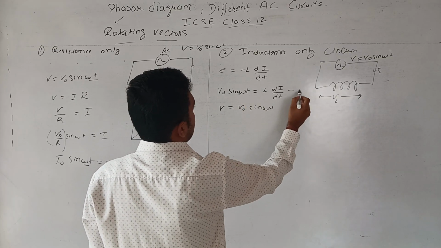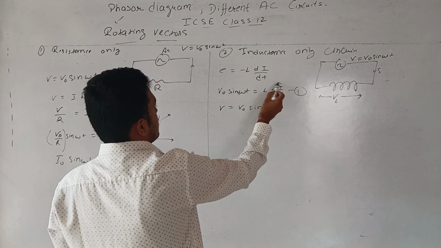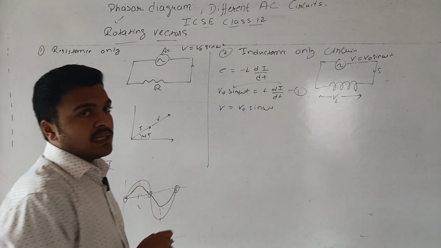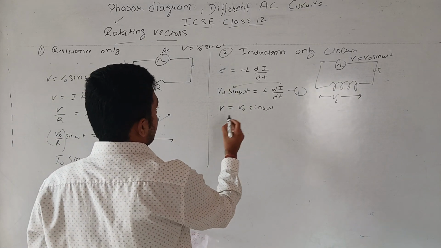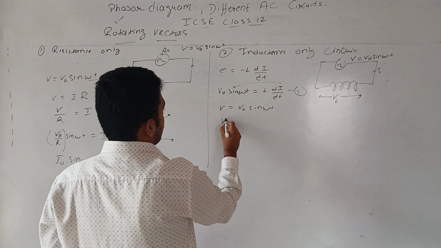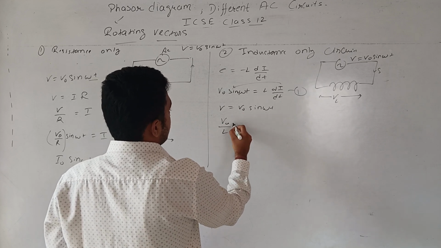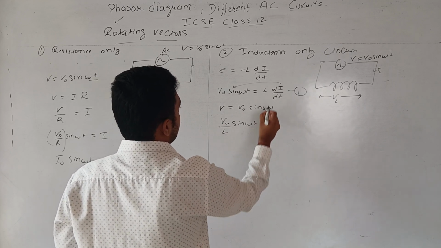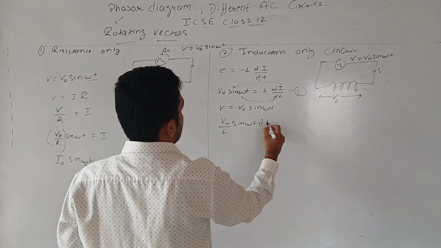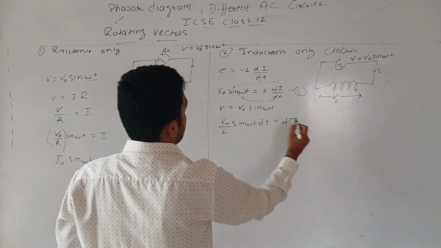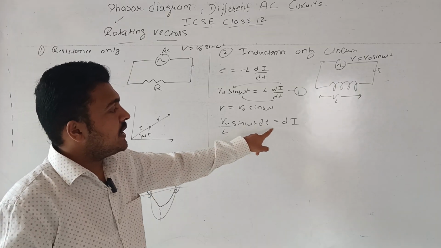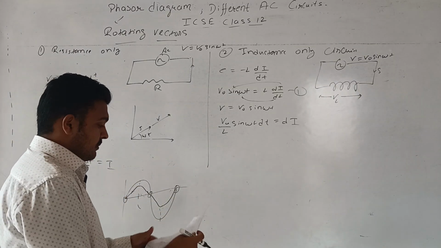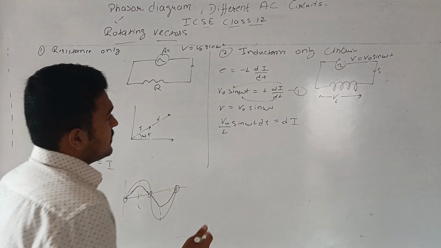We use this relation to find the relation between the potential and the current to make the phasor diagram. From here, V naught by L sin omega t dt is equal to di. So this small current di is equal to V naught upon L sin omega t dt. From here we will find the value of the current.